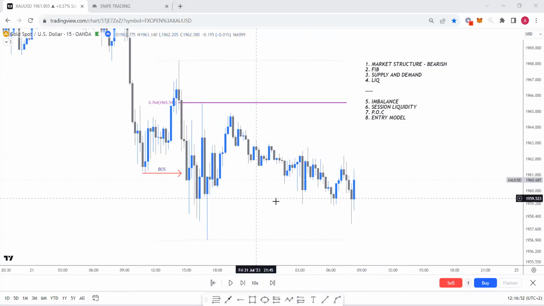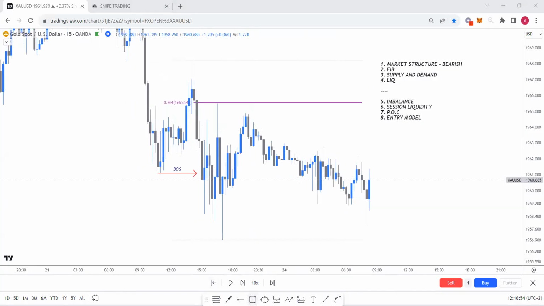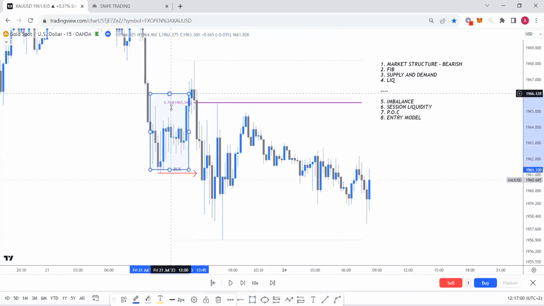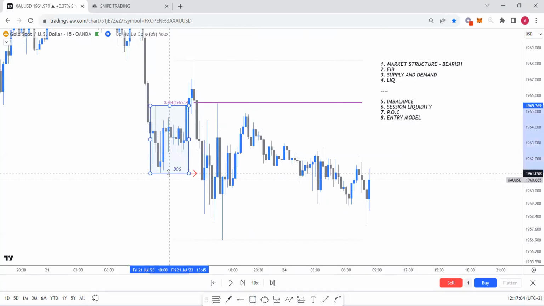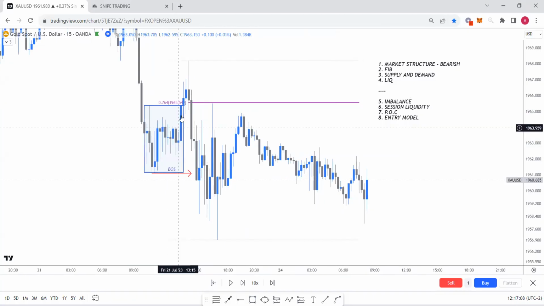One thing I want to add before I continue is that right here, we also had this consolidation, or distribution, name it however you want. Price manipulated it, then broke it to the downside.